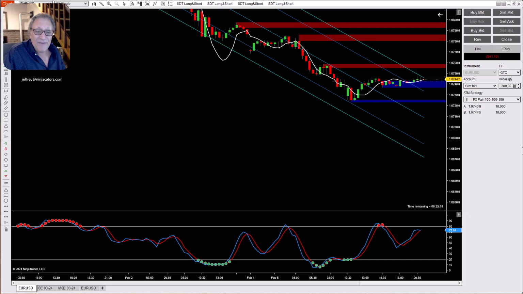Now, if the pairs were flipped, okay, if the base currency were the first part of the pair, like the USD CHF, for example, the US dollar Swiss franc, then at today's exchange rate, each pip is actually only $8.69, okay, not $10. So it could vary depending on the currency pair that you're looking at.